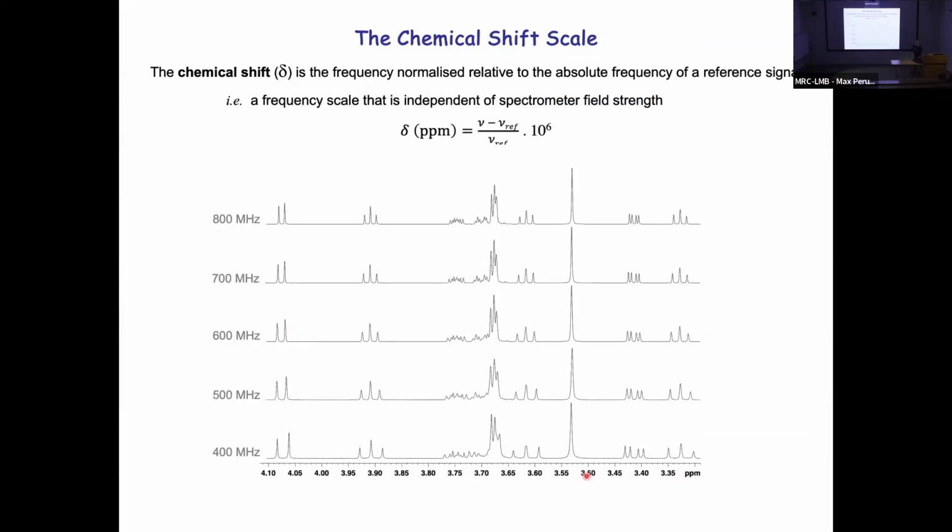If you normalize it against the strength of the magnet, you use what's referred to as the chemical shift scale. It's a ratio of frequencies, and it's used just to normalize against the field strength, basically. What you can see is the center line of each of these signals is identical at each of these field strengths, and that's because we're plotting it on this so-called chemical shift scale for the frequency.